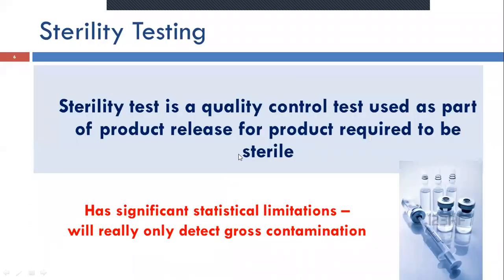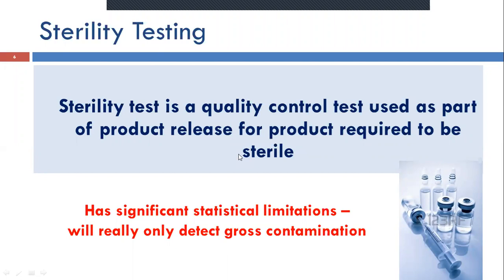The sterility test is a quality control test used as part of product release for products required to be sterile. So before you release the product, which is said to be a sterile product, it has to be subjected to this test, which is a part of quality control, and this is called sterility testing.